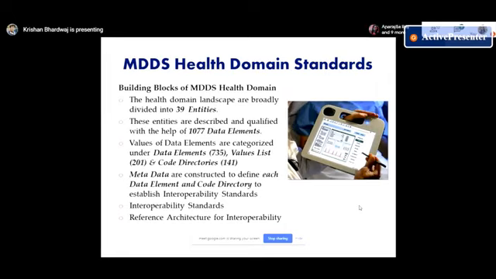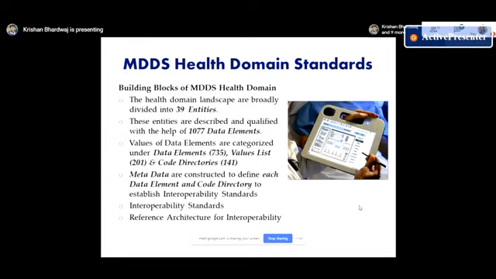So can some of you tell me what is code directory, what is value set, what is value list? So different things are used here. Can someone tell me? Raghav?